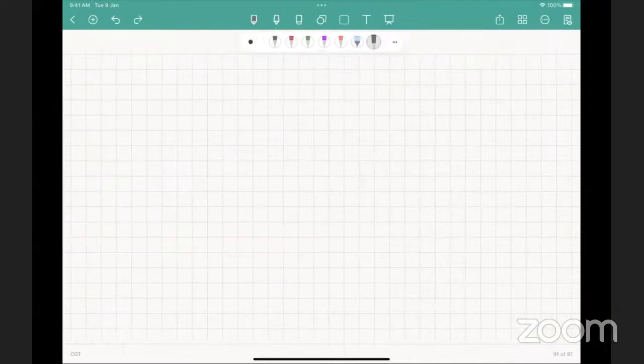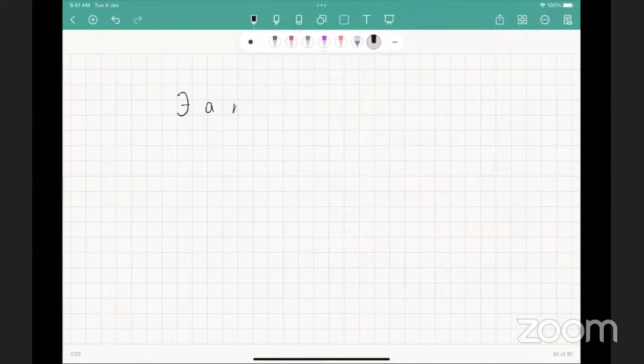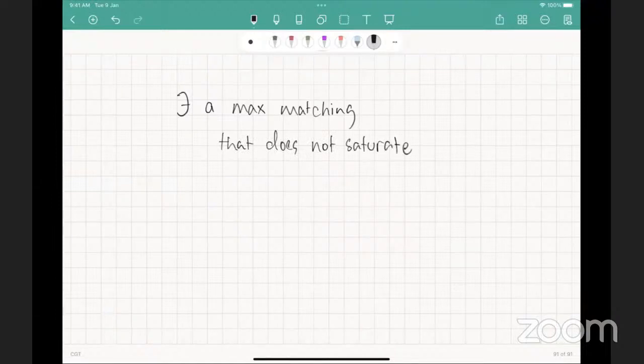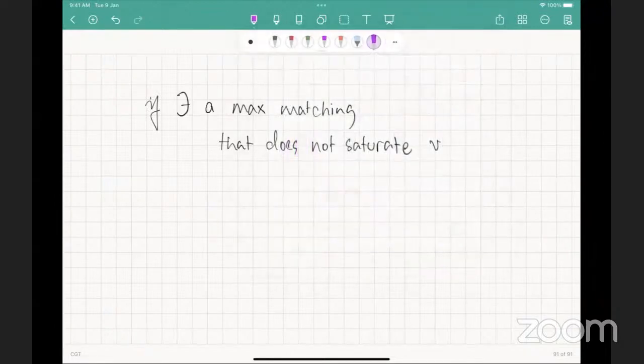What if there exists a maximum matching that does not saturate the vertex V? And remember, V is special because that's where the token is at the start of the game. So if there exists a maximum matching that does not saturate the vertex V, well, then the tables have turned and you can essentially do a strategy stealing sort of idea.